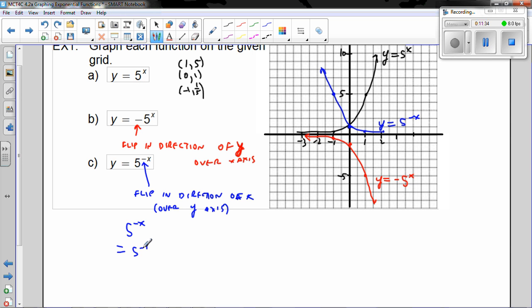This is the same thing as this, isn't it? Think about multiplying the exponents. Negative 1 times x is minus x. Well, 5 to the exponent minus 1 is 1/5. This is the same graph as 1/5 to the exponent x, and it is indeed an exponential decay function. Okay, I'm going to stop there for part 1. We'll pick up part 2 momentarily.